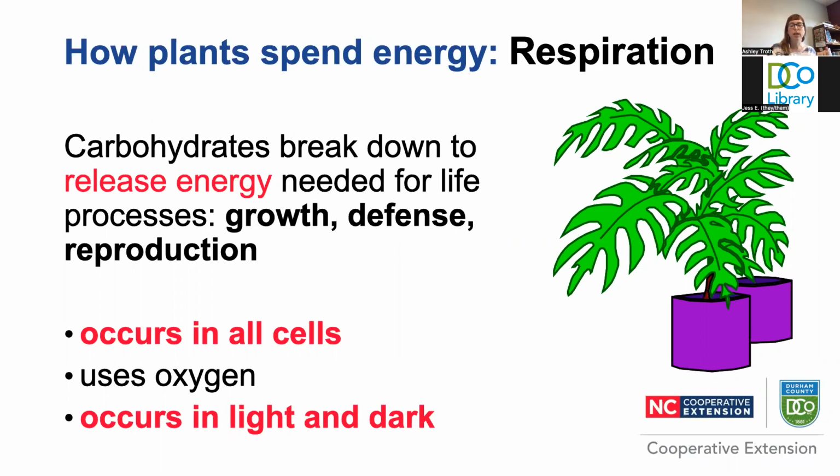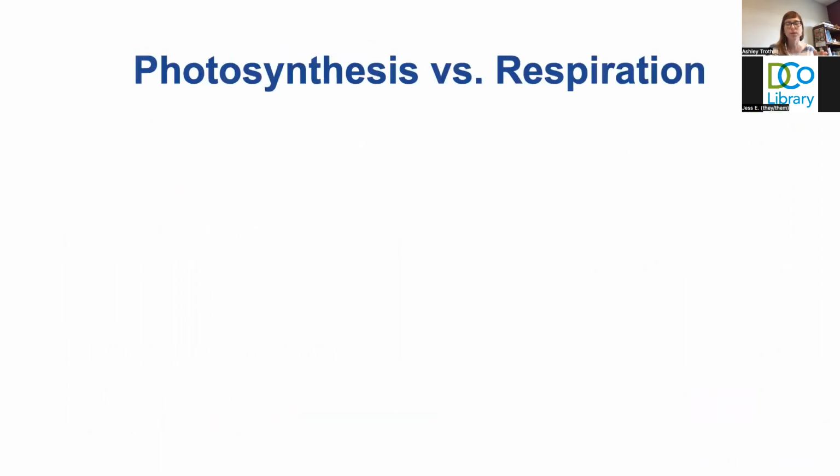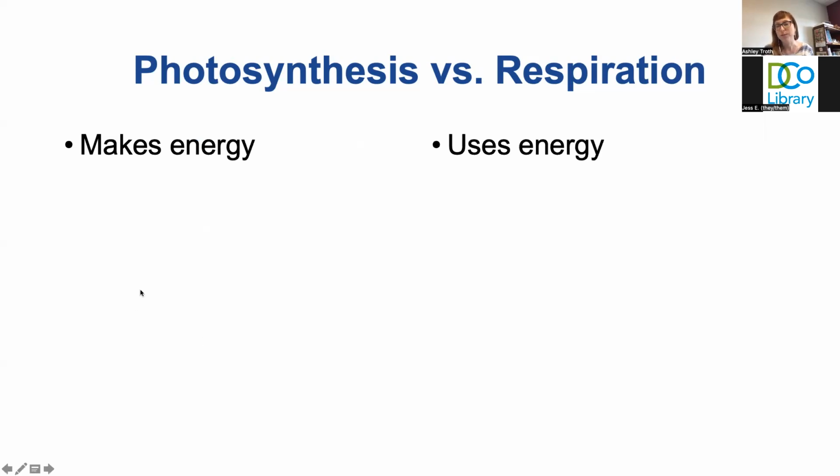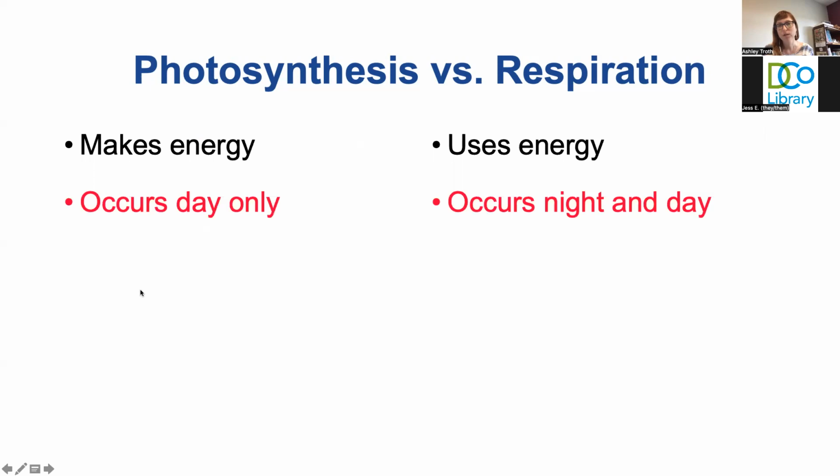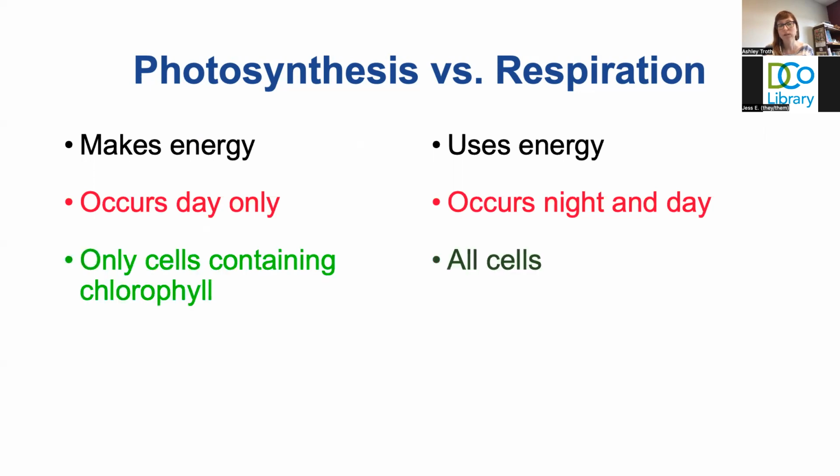And this is where we start running into why I want to explain all of this to you and why I'm trying to kind of gently let you off the hook for why our plants struggle here, especially our non-native plants, which is most of our veggies. So photosynthesis makes energy, right? Respiration uses energy. Photosynthesis occurs only during the day. Respiration occurs all the time.